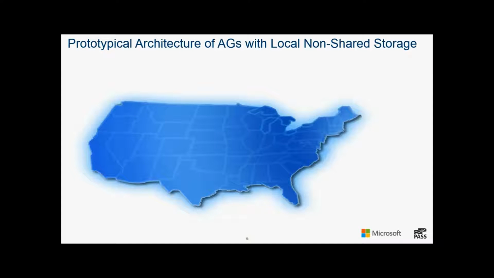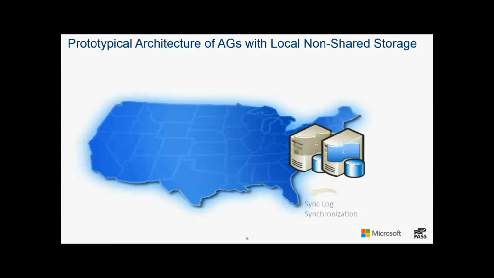Okay, here's a prototypical architecture of availability groups with local non-shared storage. So we have a primary server, and in this case, then we have an AG using sync log synchronization in the same data center.